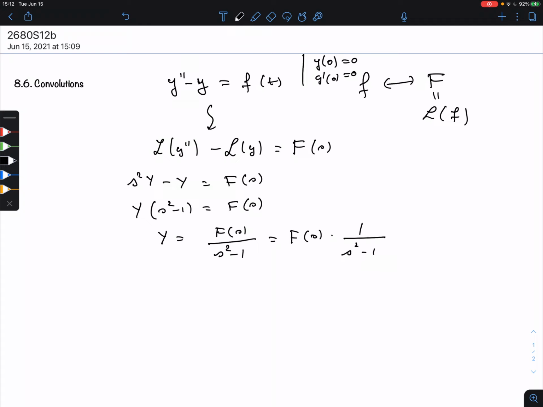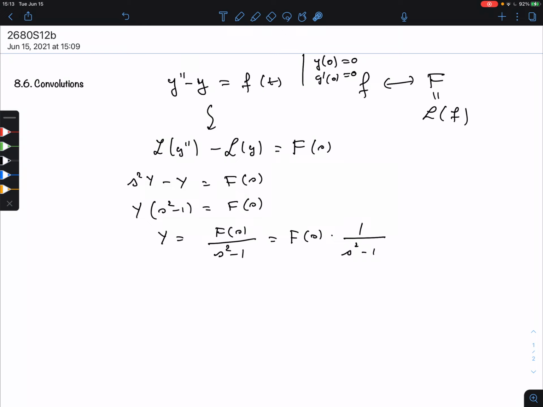Now, so far these had been polynomials, or at least if f was a polynomial, or contained exponentials, cosines or sines, then capital F would be a rational function. We would do the whole partial fraction decomposition and then find the inverse.